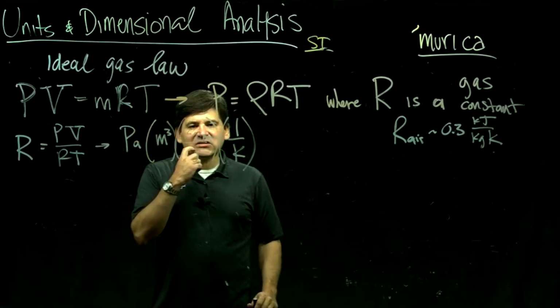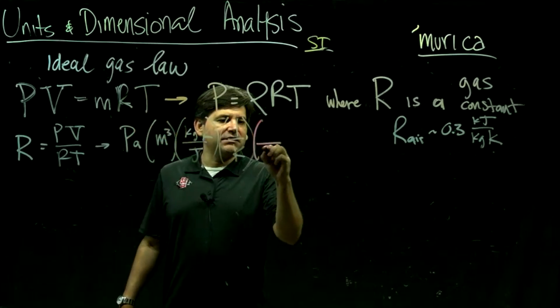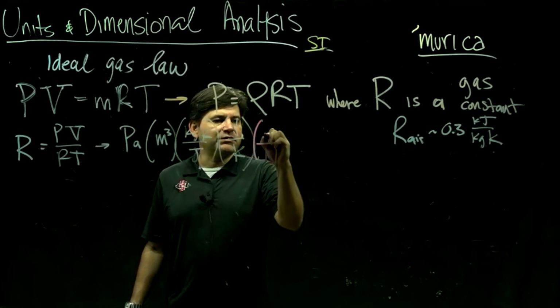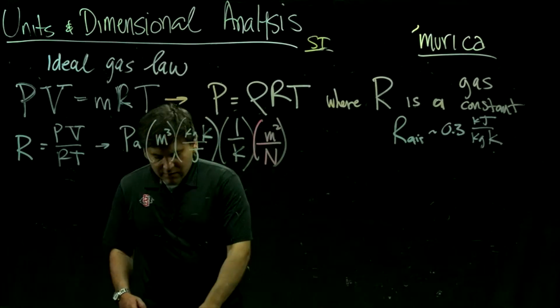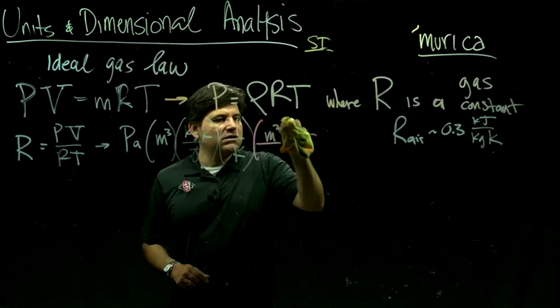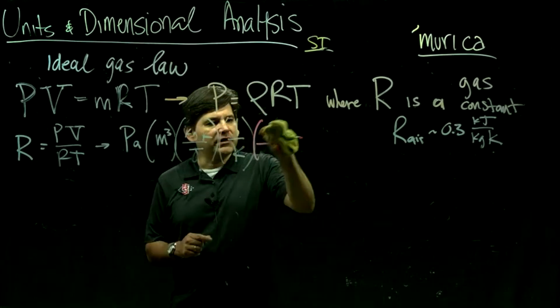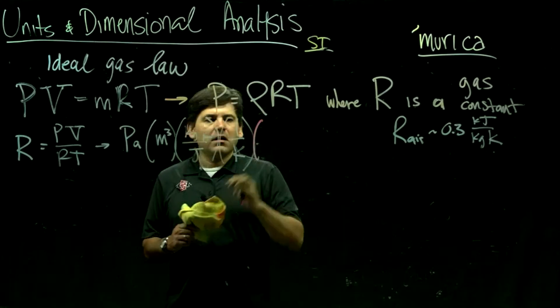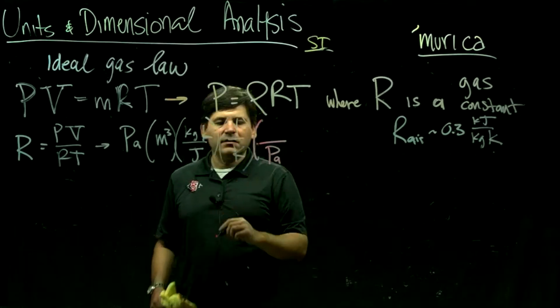Okay, how does that give us R? Well, pascals is a nice clean newtons per meter squared. So 1 Pascal is 1 newton per meter squared. So we want to cancel out 1 Pascal.